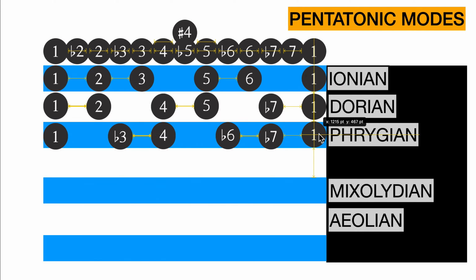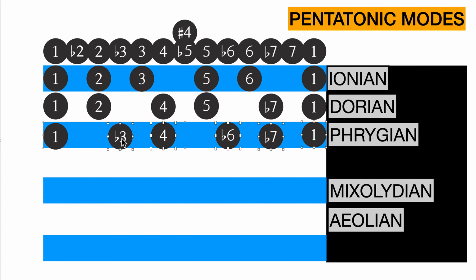And if you know your standard modes of the 7-note major scale, you know that Phrygian is 1, flatted 2, flatted 3, 4, 5, flatted 6, flatted 7. So each time it's just eliminating that augmented 4th and subsequently eliminating the half steps. The modes are just an inversion with a different note being the root.